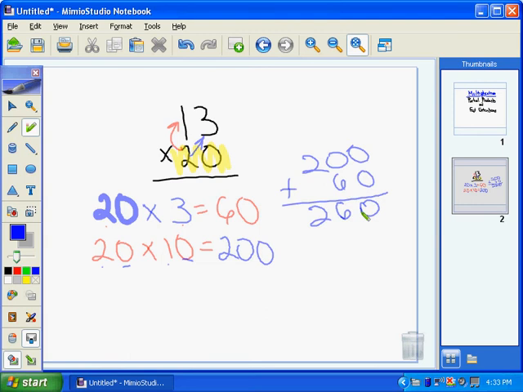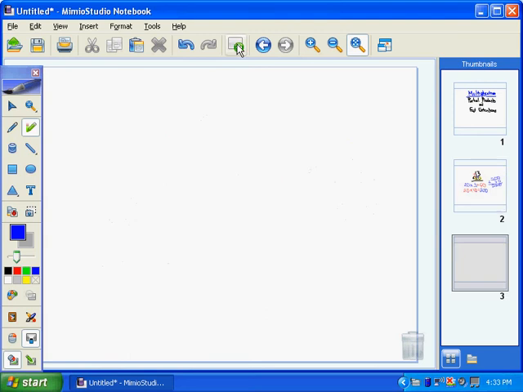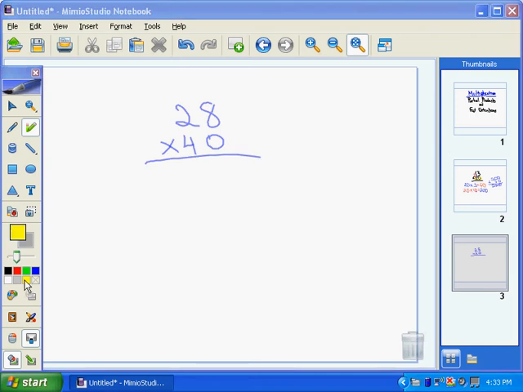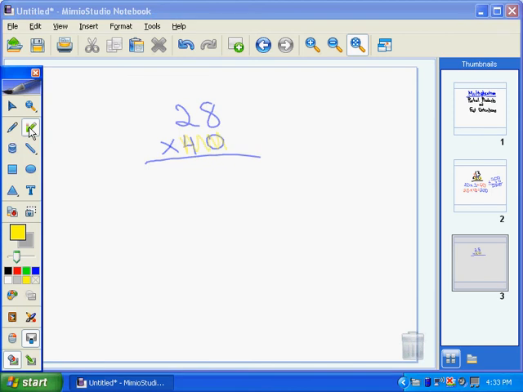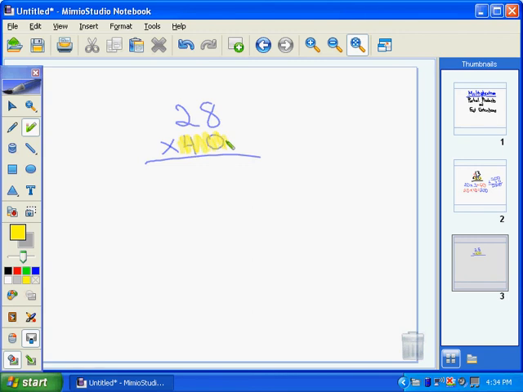So let's try another one. Let's try 28 times 40. So we're going to take our base number of 40. Let me highlight it a little bit better.